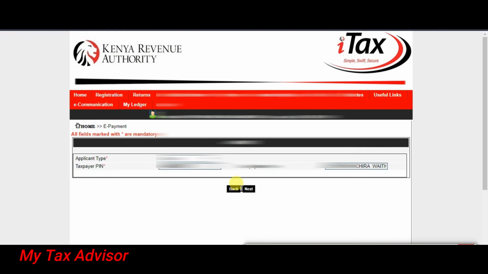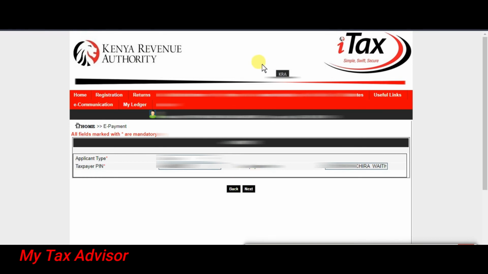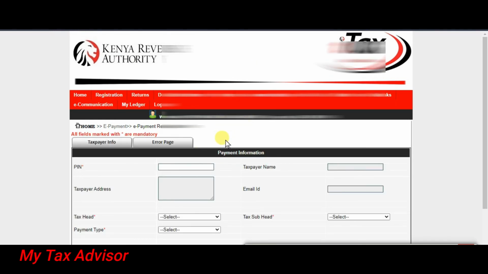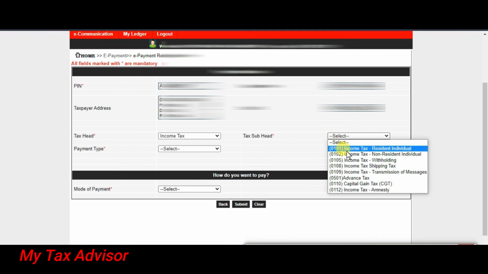Then next, we head to the tax head. We are doing income tax, which is where then we are doing resident individual.